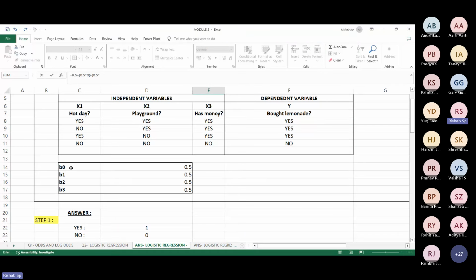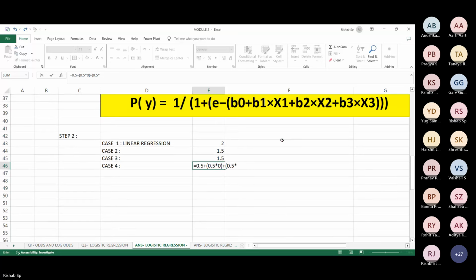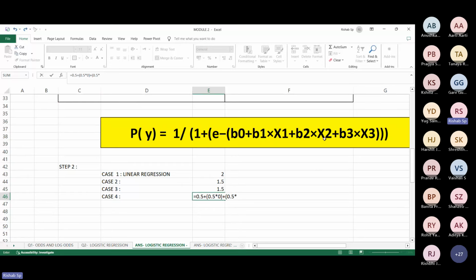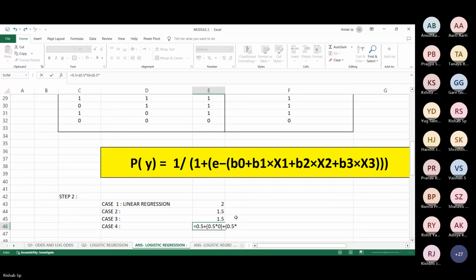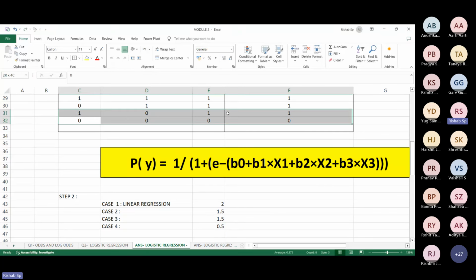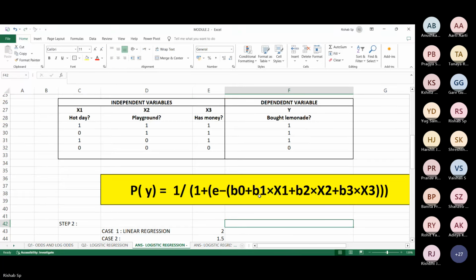You will get these 4 values, the values of x1, x2, x3, and the y value. Beta 2, x2, 0 itself, plus 0.5 into 0 itself. We get the answer as 0.5, since the other 3 values are 0 itself.